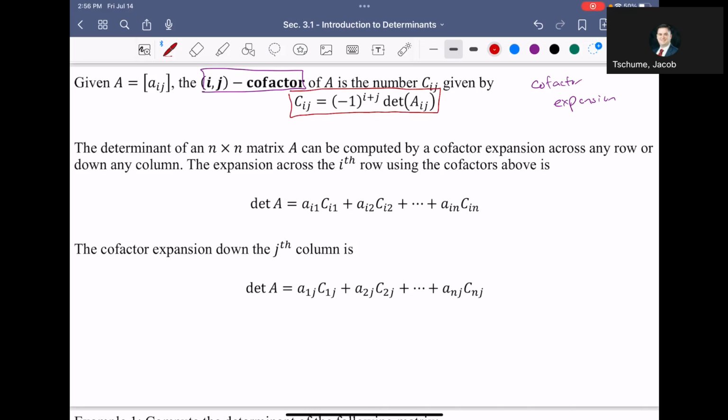Now, you notice that I'm not going to pick i and j for you. You can pick whatever number you would like. But let me show you why some people like the first row and why other people like to go other directions. In the previous example, we always let i be 1 because we were saying we're going to use the first row. Well, if you let i be 1, notice that the i is going to be part of the power of -1.